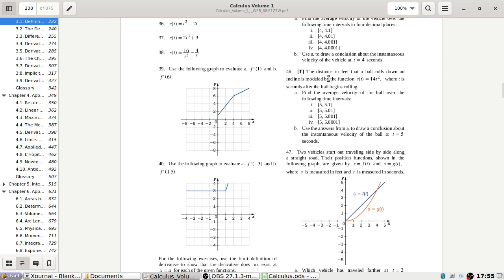This is distance, but it's also displacement because it can't be negative really since the ball is rolling down an inclined hill. So unlike a car, it won't decelerate and roll backwards.